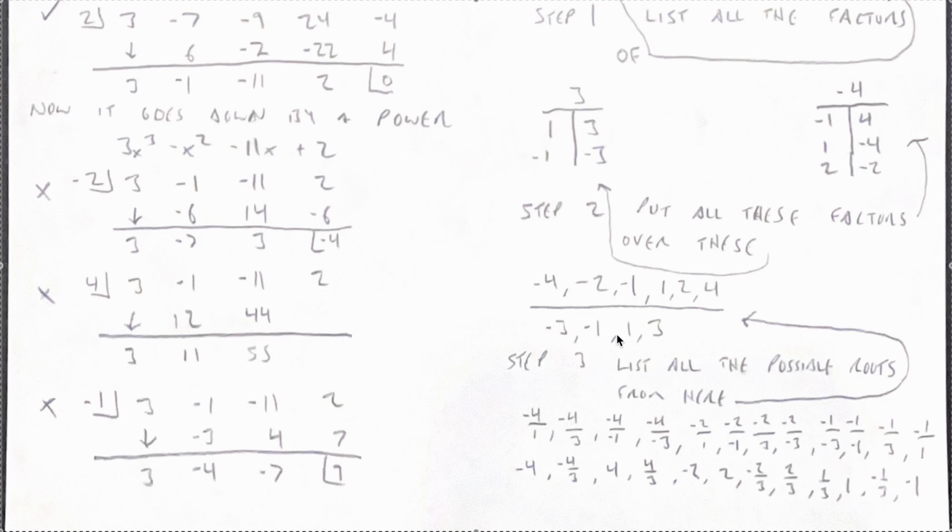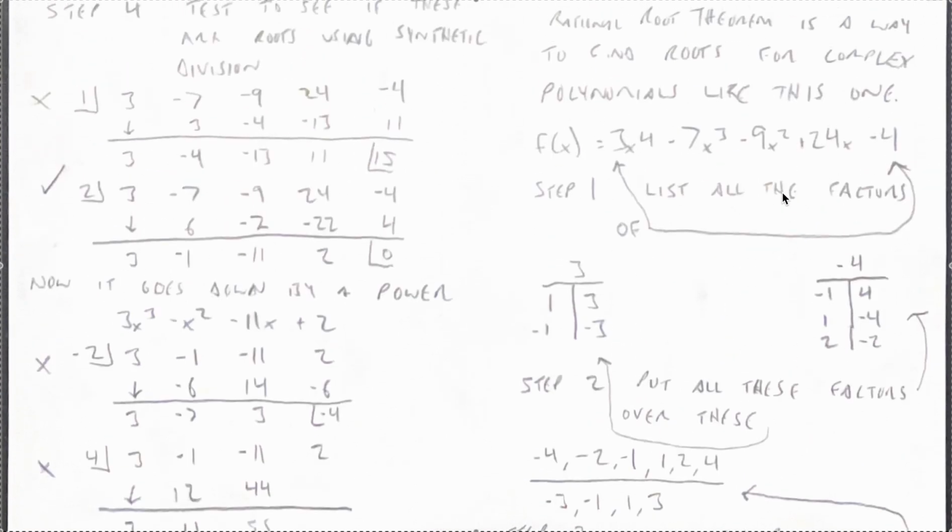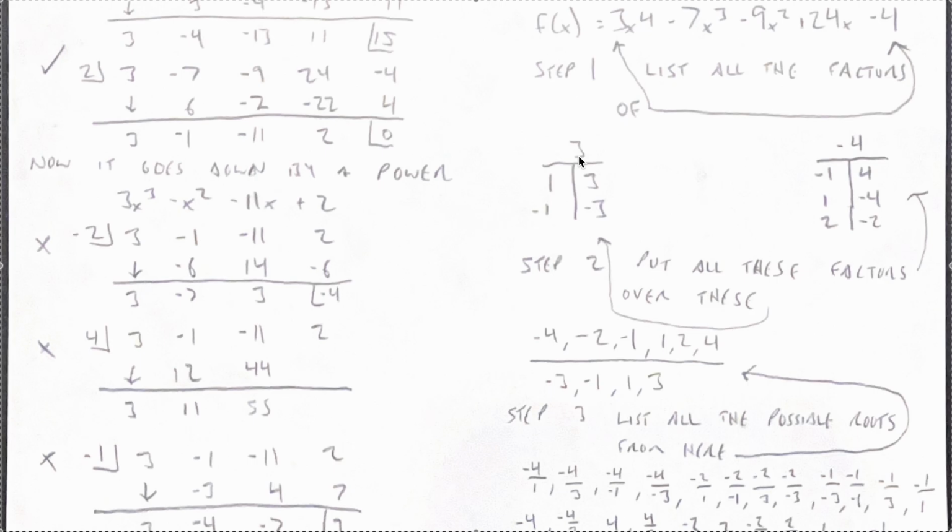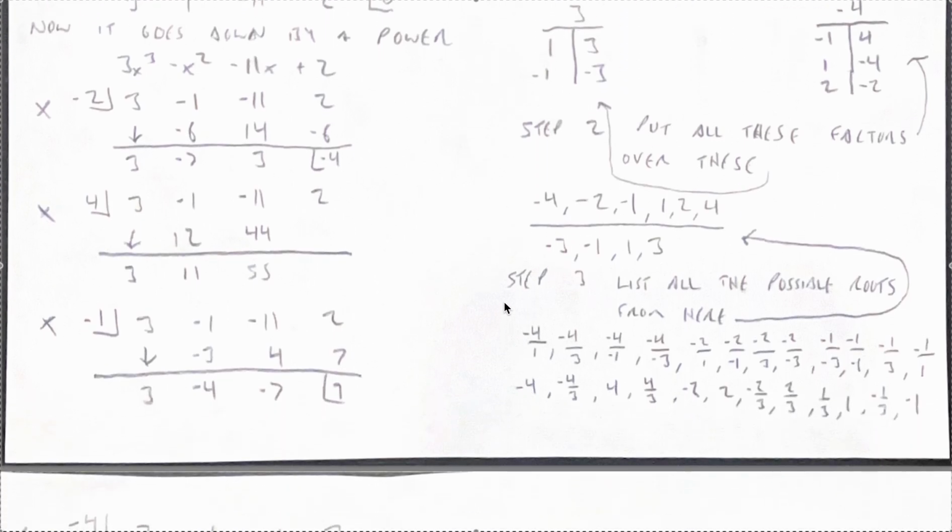And I just put them in numerical order: negative 3, negative 1, 1, 3. So you put all these factors on top of all these factors. Then, after you get this, these are all the possible roots.